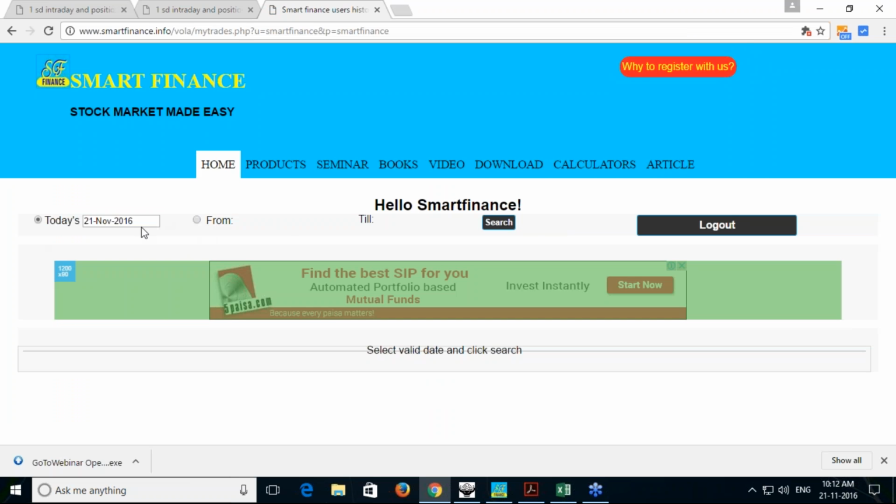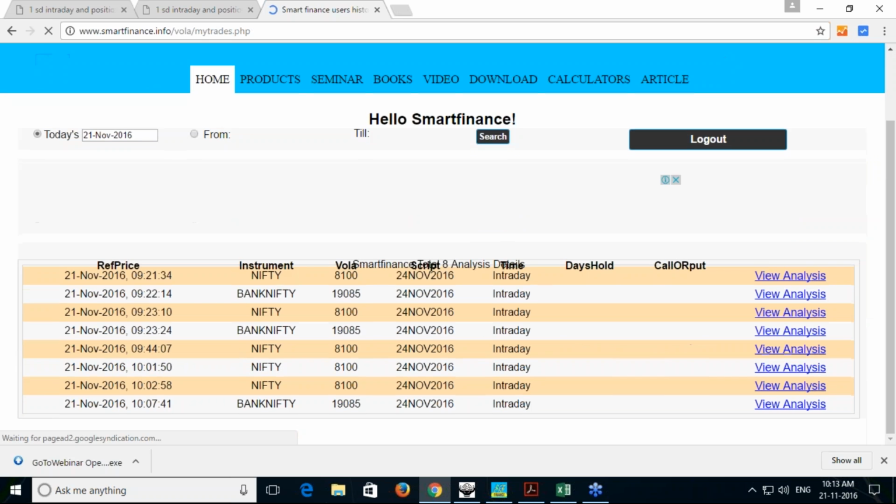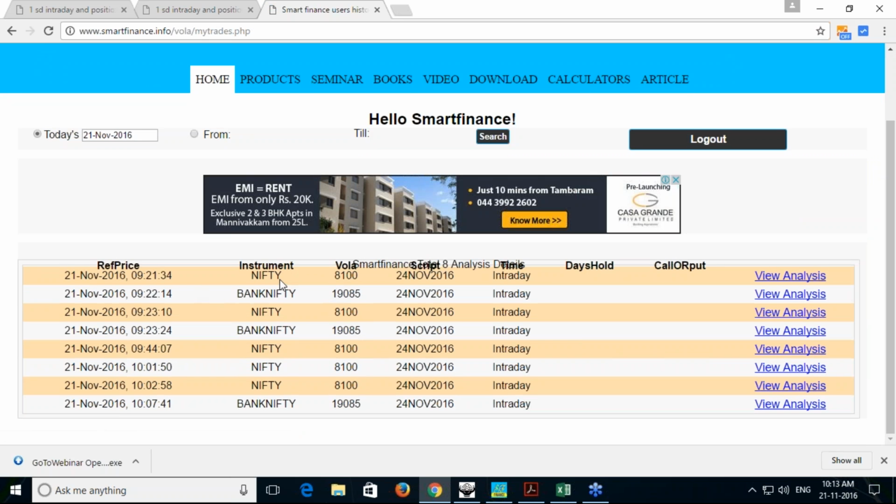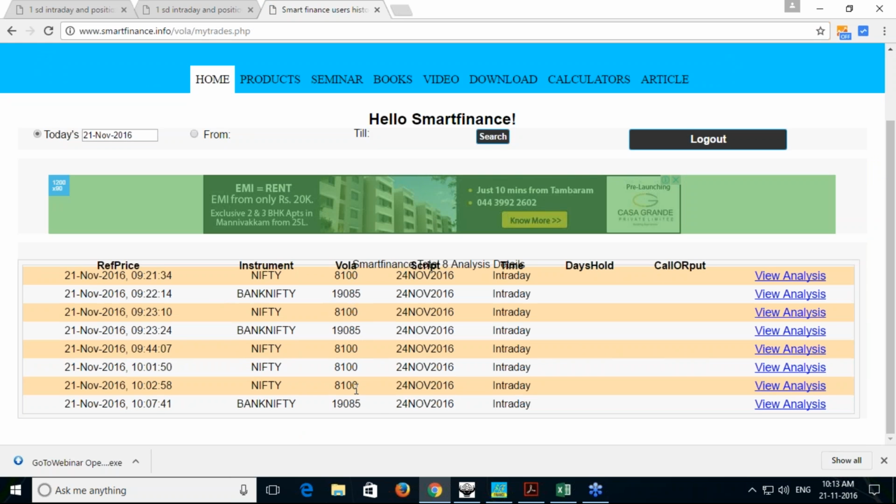We have given an option, today or from-to, and if you go for a search here, whatever analysis you have done on a time basis, you get all the values here.